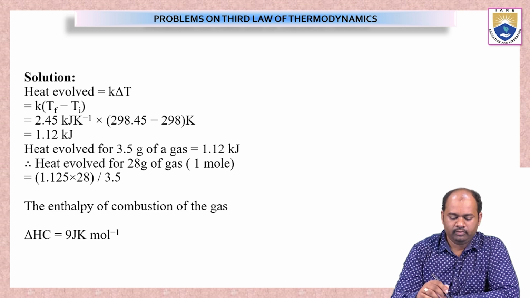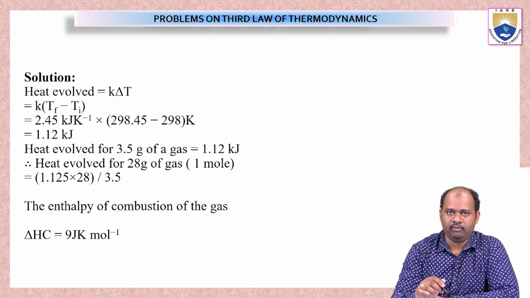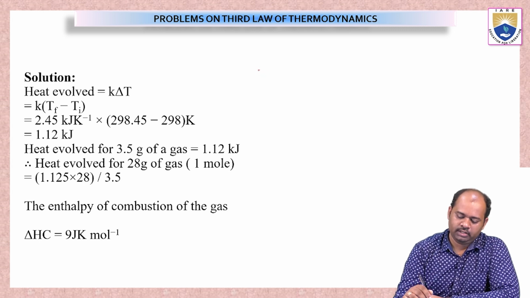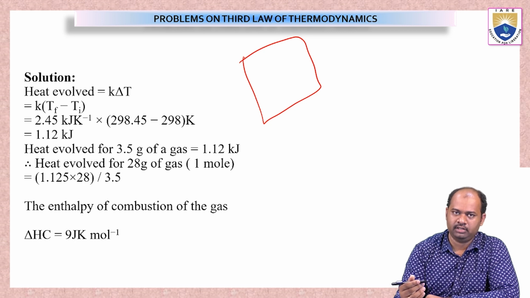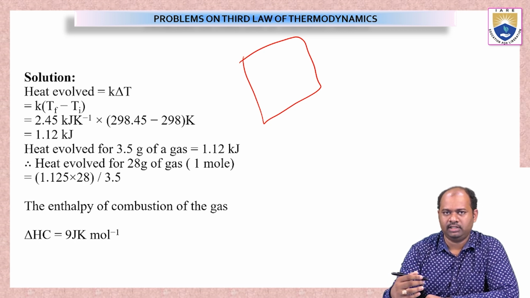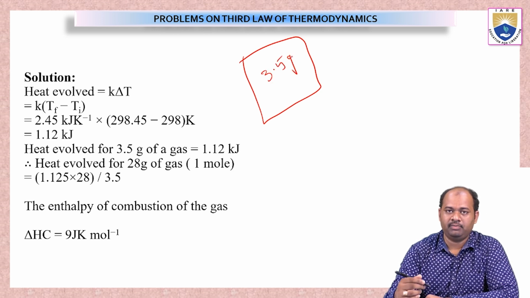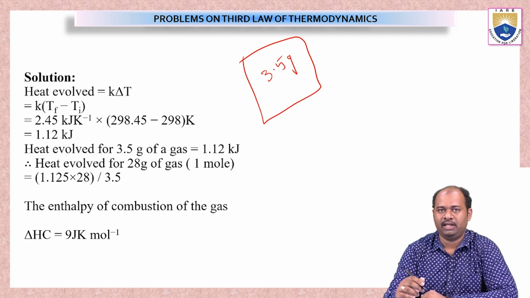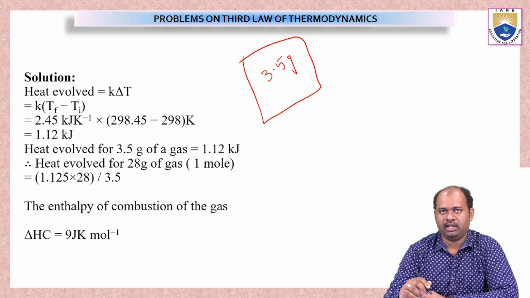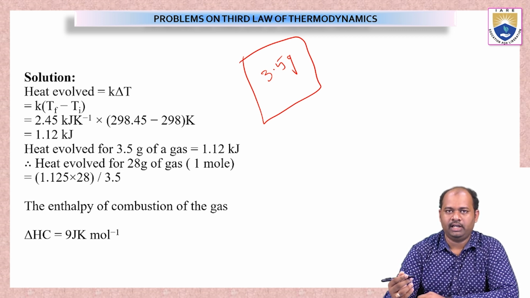First of all, we have to calculate heat evolved. We are using a calorimeter, which is a closed container in which the combustion of the gas is taking place. The weight of the gas is about 3.5 grams, and we are supplying some excess oxygen at the temperature of 298 Kelvin. So first of all, we have to calculate how much heat is developed inside the calorimeter.